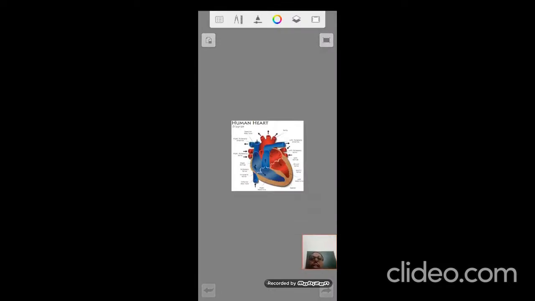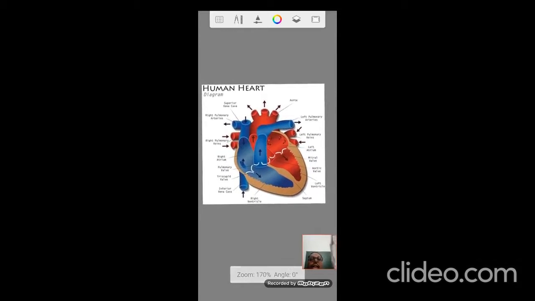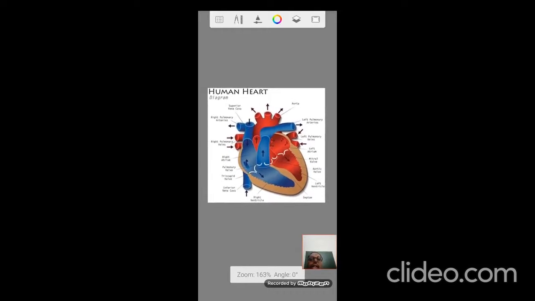This is the diagram of the human heart, and it is basically a chambered one, having four chambers. This is the left side and this is the right side. The left side is responsible for carrying the oxygenated blood, and the right side is responsible for carrying the deoxygenated blood.